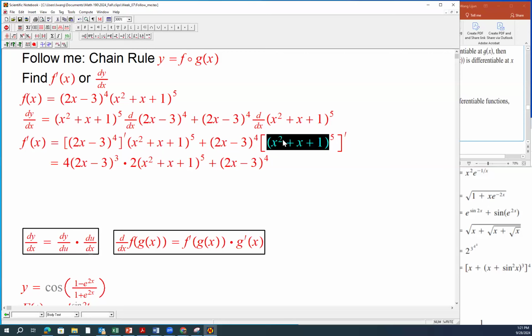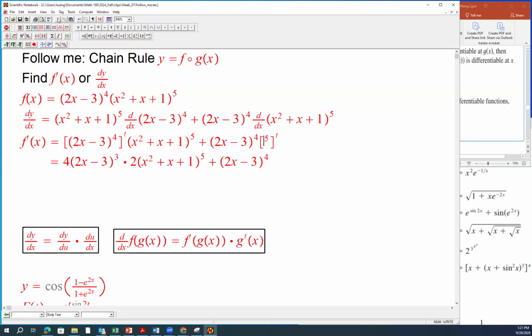The same idea. So this is our, if you want to call it v, right? You don't want to have the same name, okay? And you don't have to explicitly introduce v, but you know you are differentiating v to the power 5 with respect to v, okay?